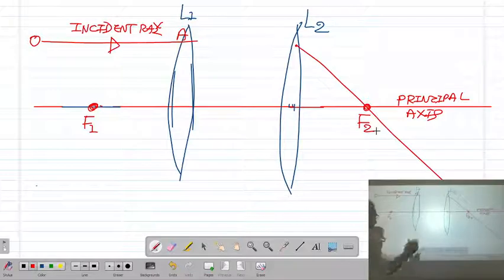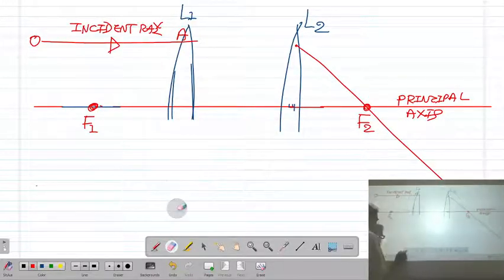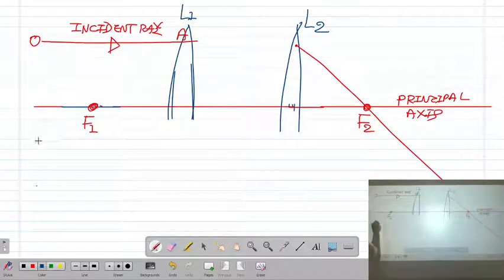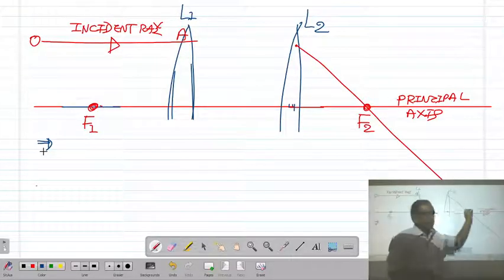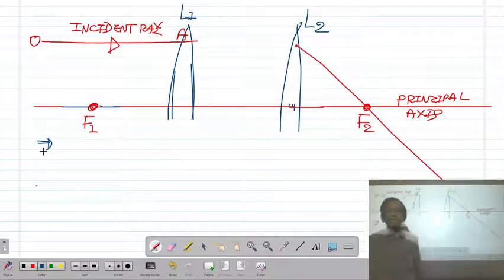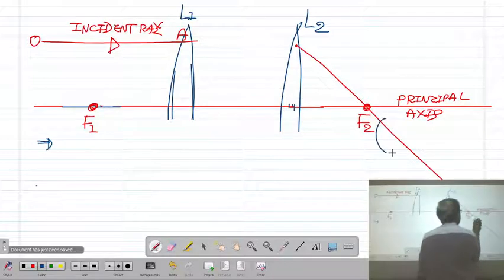So I write the definition of the second focal point in this way. The ray of light parallel to the axis undergoes refraction in the lens system, and after refraction it will pass through the point F2 on the right hand side of the optical system. This point F2 is called the second focal point.